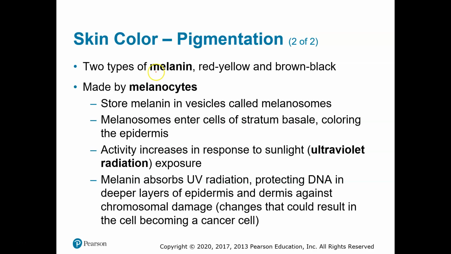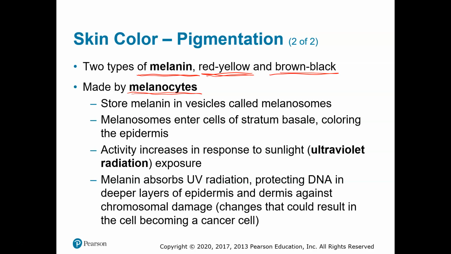But there are two types of melanin. There is actually a red yellow melanin and a brown black melanin, and both are made by melanocytes. And so it's that combination plus the combination of carotene that determines your skin color.